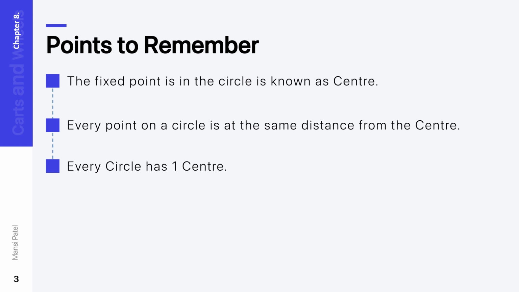If there is another circle, then that circle also has only one center. These are all the things about the center. The fixed point that is inside the circle is known as the center. Every point of a circle is at the same distance from its center, and every circle has only one center.